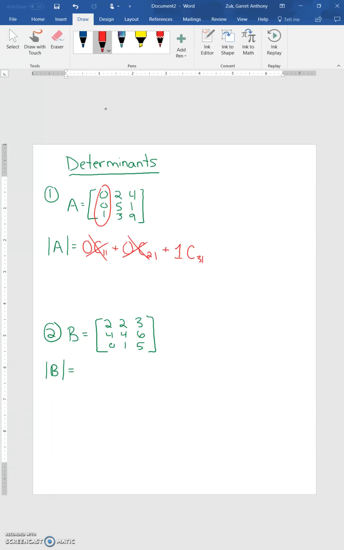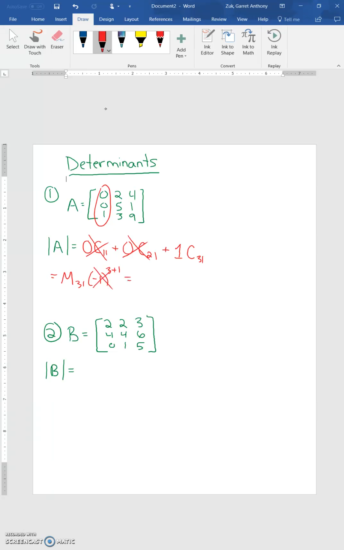And this becomes a really easy calculation, because 1 times this is just the cofactor at 3, 1, which is the minor at 3, 1 times negative 1 to the power of 3 plus 1. Well, negative 1 to the fourth is 1, so that goes away.